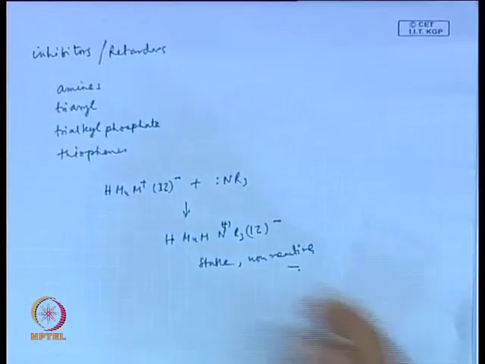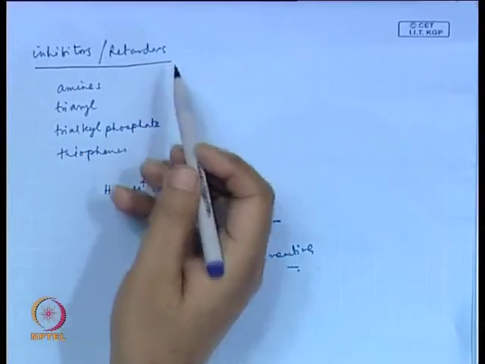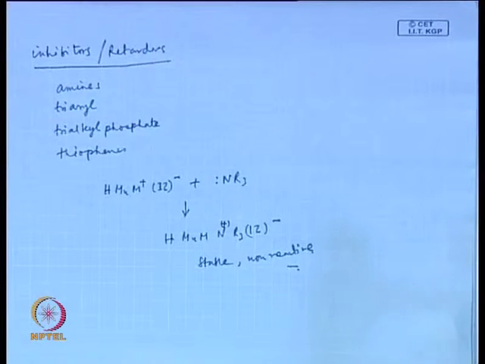So, they can act as an inhibitor or retarder in case of cationic chain polymerization, like we talked about different retarders or inhibitors like benzoquinone or hydroquinone in case of radical chain polymerization. In this case also there could be other reagents possible, which if you add or present as impurities, can retard or inhibit the cationic chain polymerization.